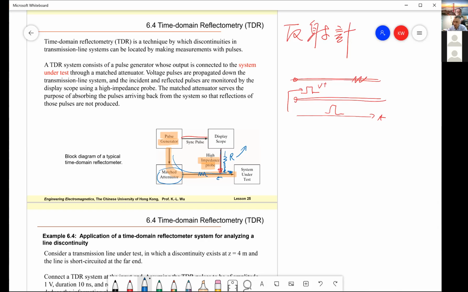So the display is invisible to the system and also to the pulse generator, but only visible to you. You can detect the voltage without perturbing the original current. So that is what the system is.